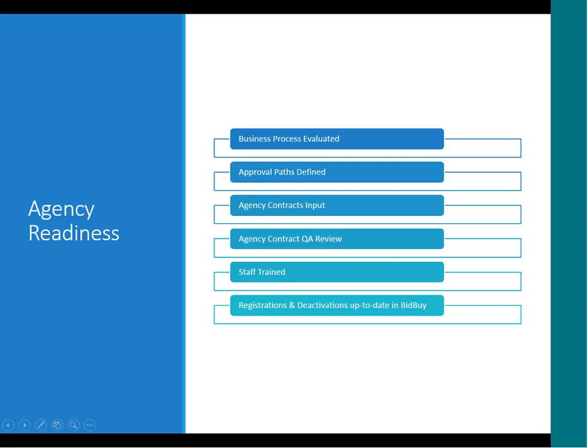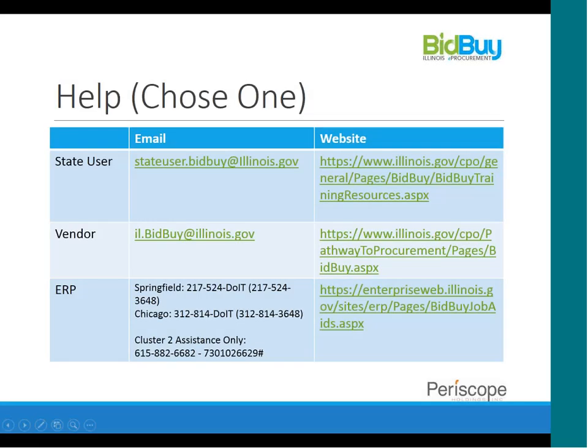I know that there are still some approval paths that are being worked through and agency contracts still being input and established, doing the review of that, staff training ongoing, as well as the ever-present need to make sure that your registrations and deactivations are up to date in BidBuy. So all of that continues to be ongoing. All of those are things that you should continue to think about.